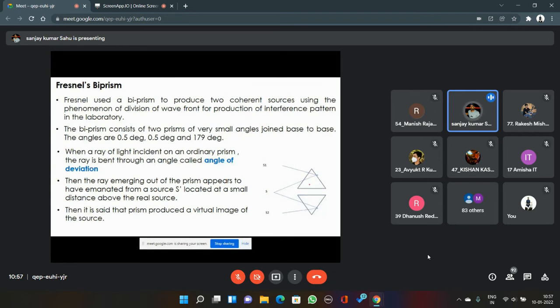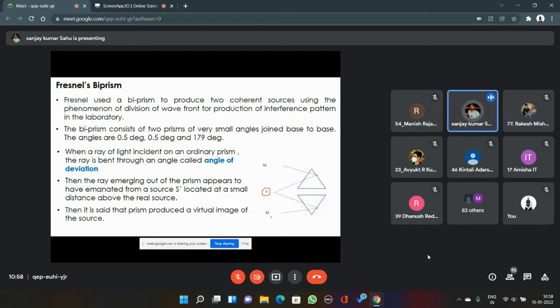So by using this kind of structure, you can generate two virtual images of this single source S, as S1 and S2, and these two virtual images can be treated as two virtual sources which are coherent to each other.